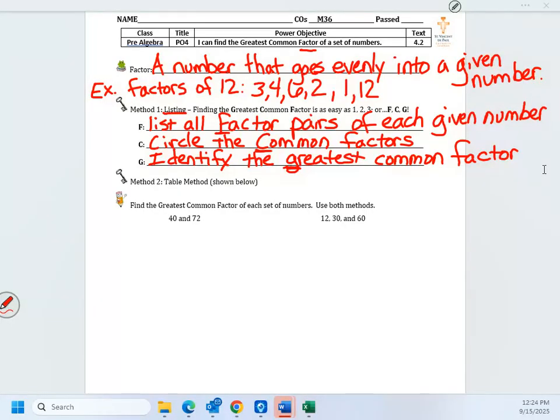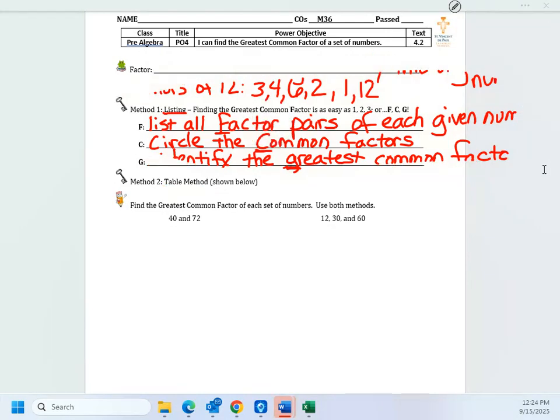So we have another method called the table method. I'm gonna show you what that looks like down below when we work it out underneath. So I'm gonna erase this so I can scroll up, so we can really see how to use that table method.